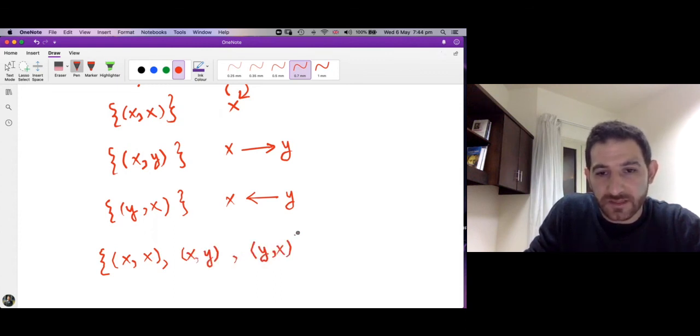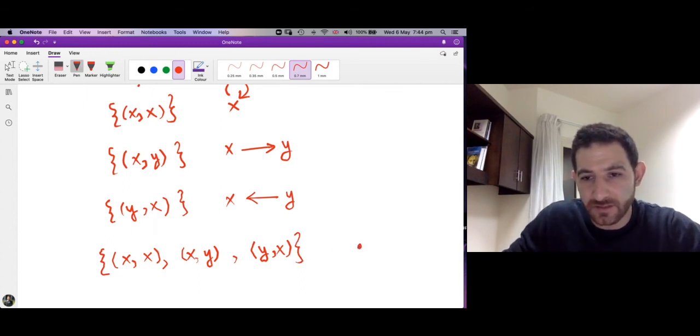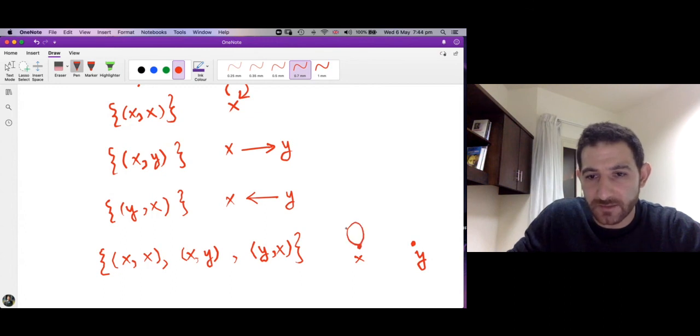What is this relation? Here is X and here is Y. XX means X is related to itself.